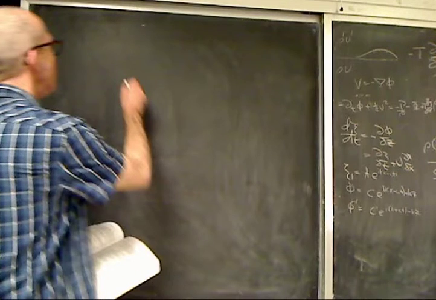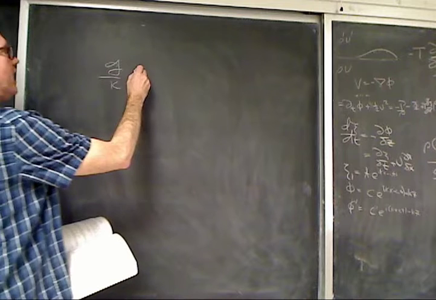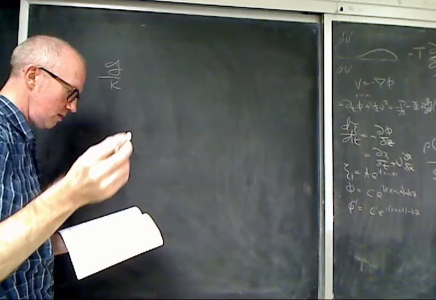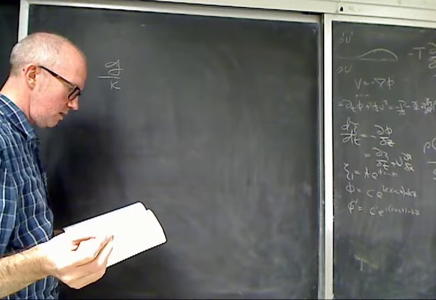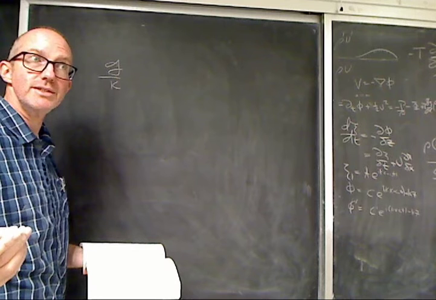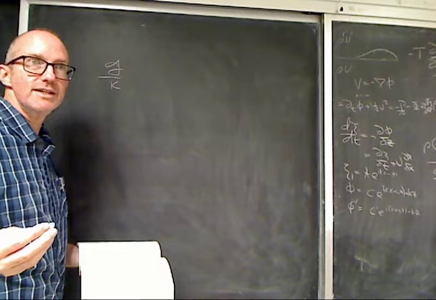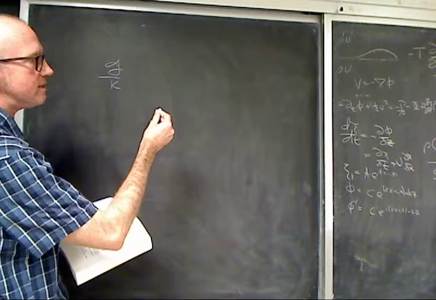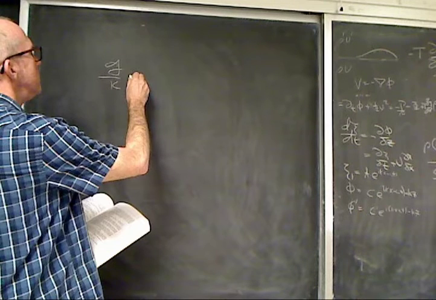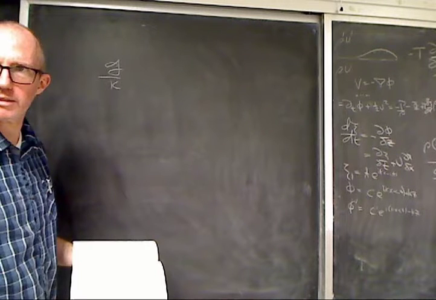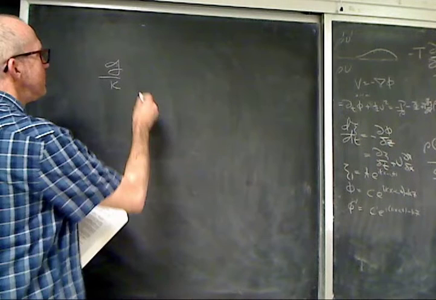So we have g over k. Here they set an air-water interface. Here you can't set rho prime to 0 or it doesn't work, because then you're blowing with nothing. That doesn't make any sense. You can set it to something small, but then you've got to do a Taylor expansion, which I don't feel like doing.